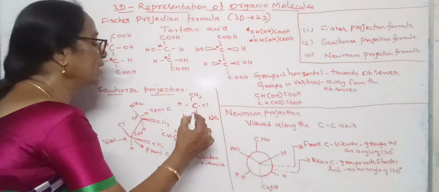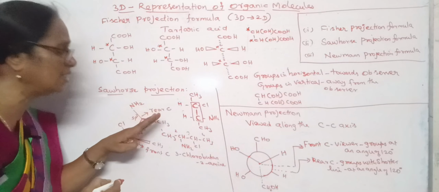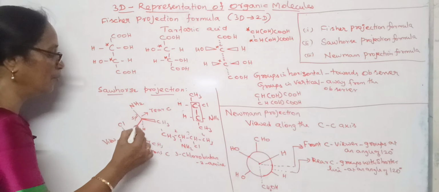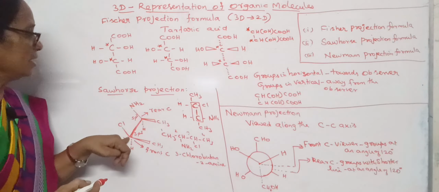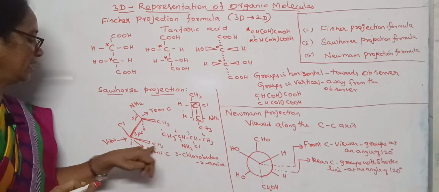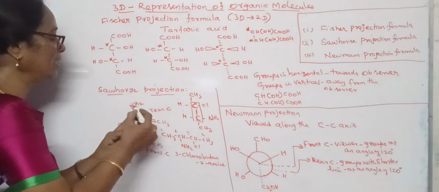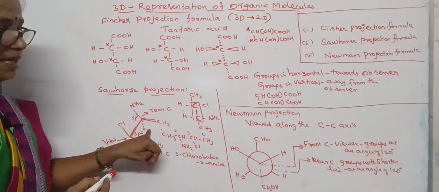When this carbon-carbon bond is represented in a slightly tilted manner, you can see the bond clearly. This carbon has three different groups: CH3, H, Cl. And the other carbon has NH2, CH3 and hydrogen.